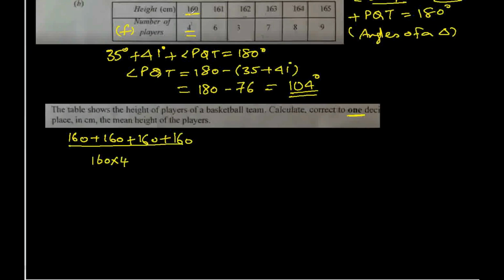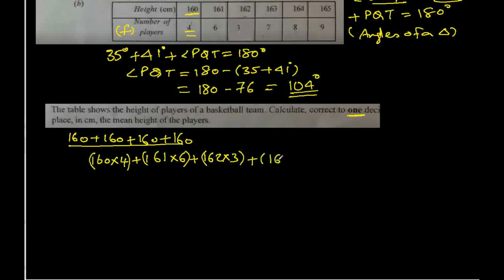So we multiply each height by the number of players having that height, and we get the sum of all the players' heights. So 161 times 6 plus 162 times 3. Let's put them in brackets to make it understandable. I'm adding all the heights basically.